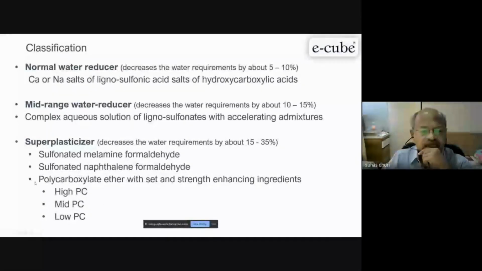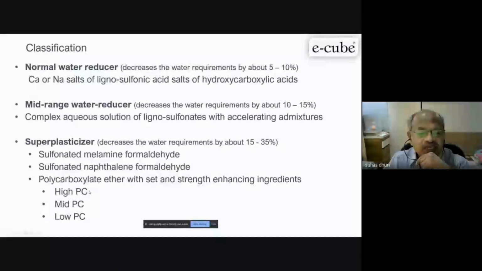But today most of the admixtures we see in the country, or even in Mumbai, Thane, are polycarboxylate ether with set and strength enhancing ingredients. That is high PC, mid PC, where PC is polycarboxylate ether. Mid PC means the concentration is different.